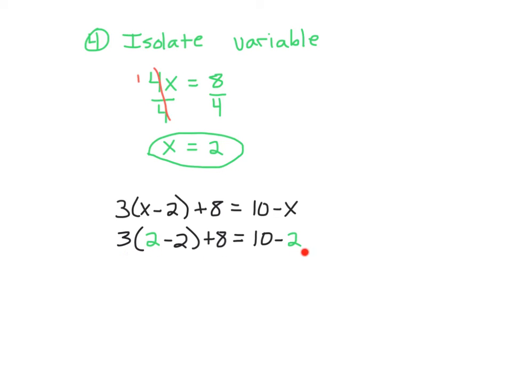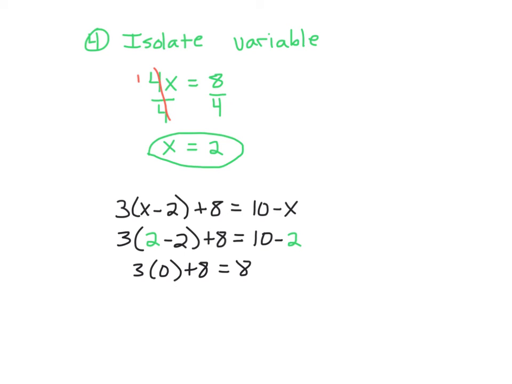Now I follow my order of operations on each side of the equation so that I can get a final number. All right, well, inside the parentheses, 2 minus 2 gives me a 0. And so I'm now given 3 times 0 plus 8 is equal to, well, 10 minus 2 gives me 8.